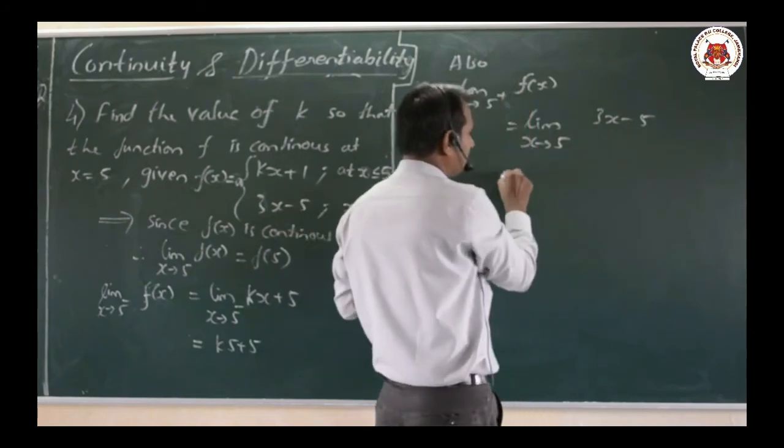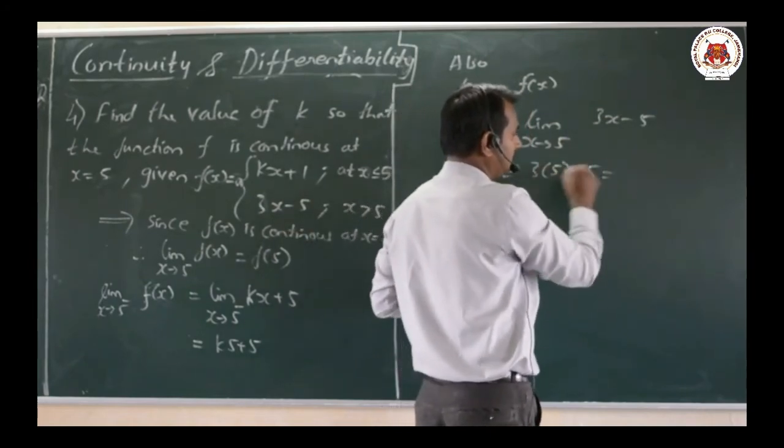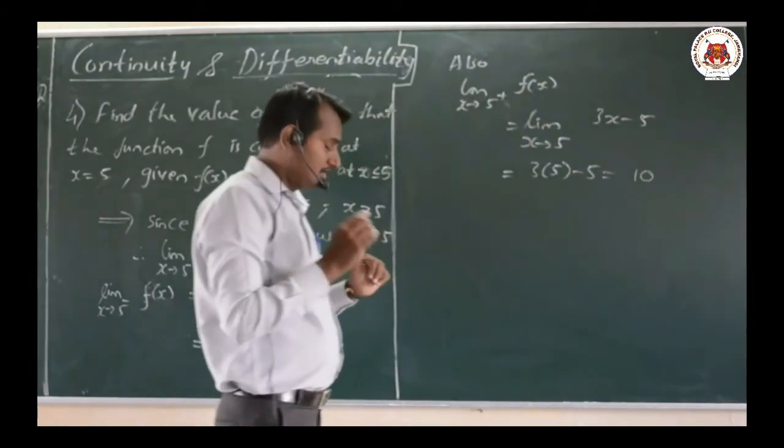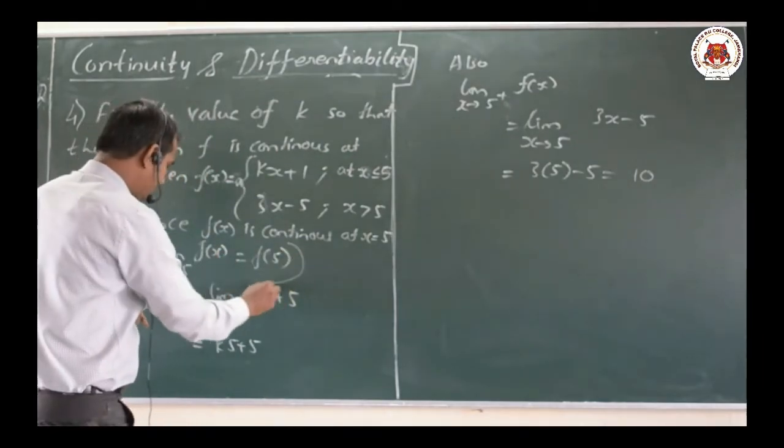Now we'll substitute the 5 value: 3 into 5 minus 5, 5 3s are 15, 15 minus 5 value will be 10.